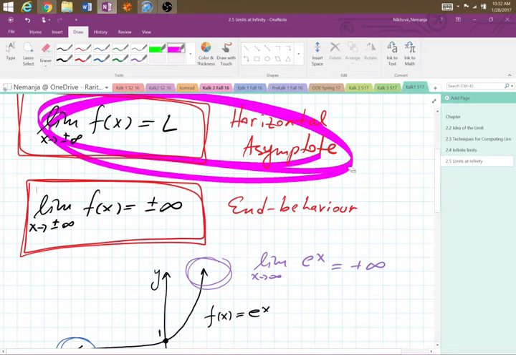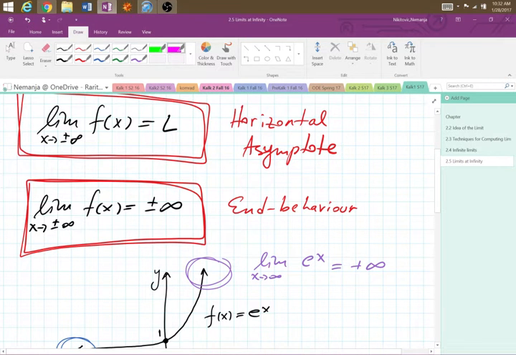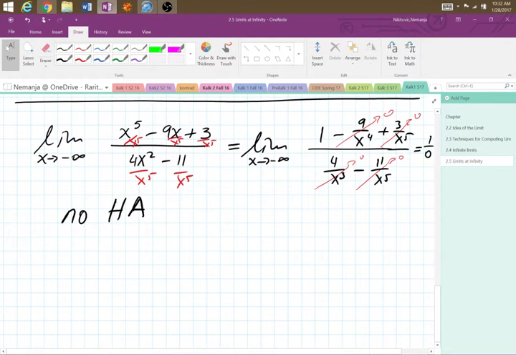Let's say you picked up in class that you are supposed to divide by the x with the highest exponent, and you solve a problem, and you get 1 over 0. Now what? The calculation went well, but the most important thing is to state whether there is or is not a horizontal asymptote, and if there is, where.